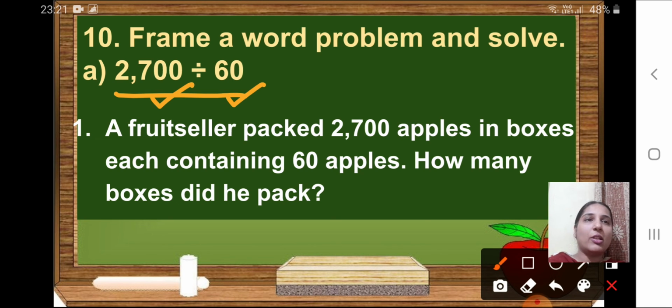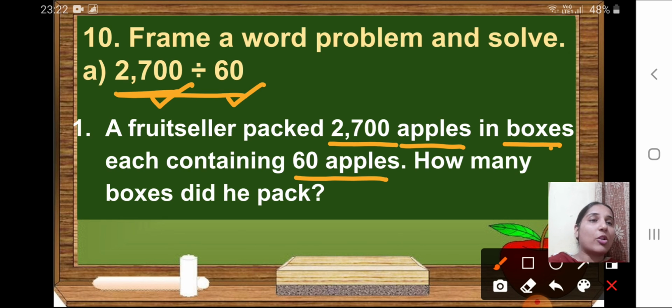So here I have taken one problem, framed a word problem like a fruit seller packed 2700 apples in boxes, each containing 60 apples. In each box there are 60 apples. So how many boxes did he pack?